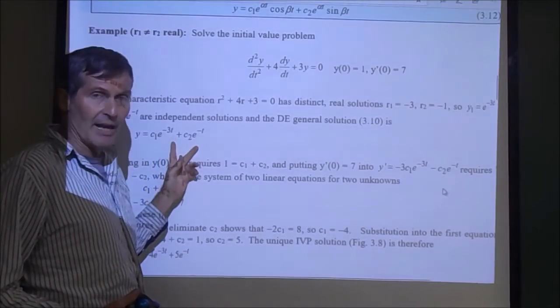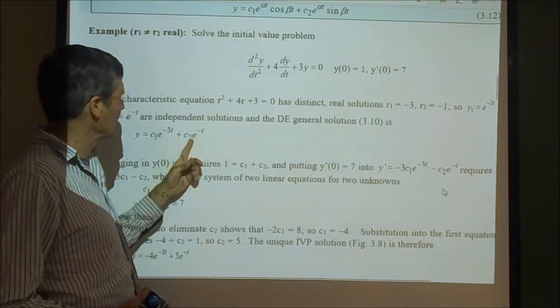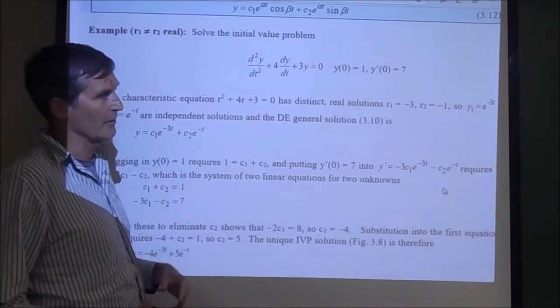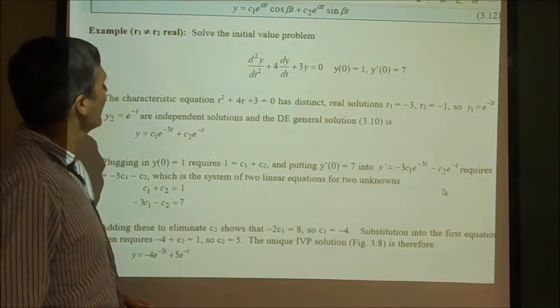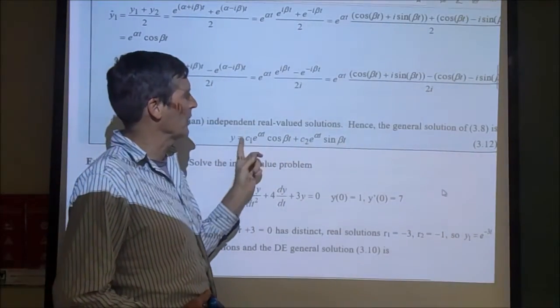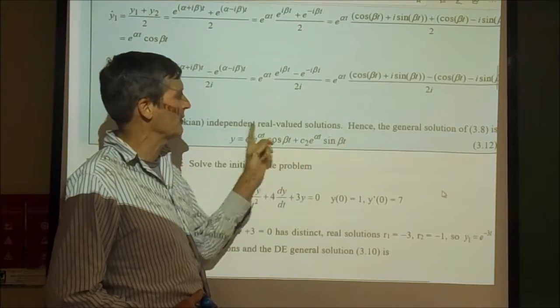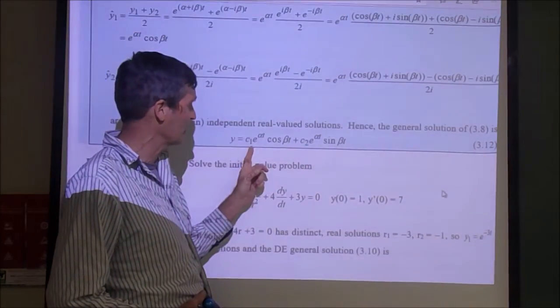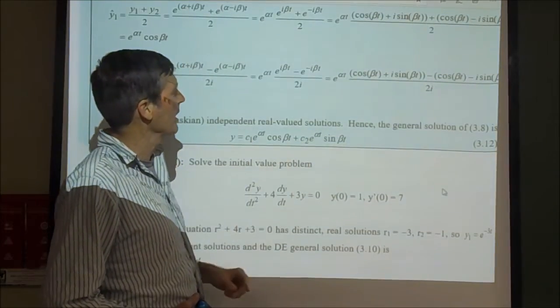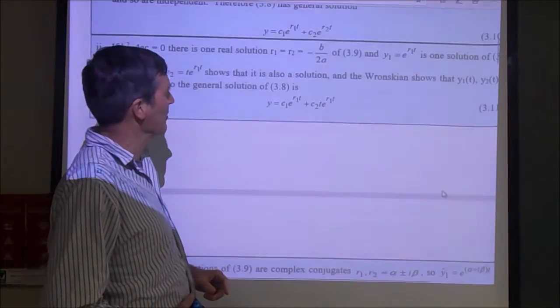The rules are exactly the same. You just let c1 and c2 be arbitrary complex numbers. And the same thing in all of these, right? This is the general solution over all real valued functions. It's also the general solution over all complex valued functions if you just let c1 and c2 be arbitrary complex numbers.